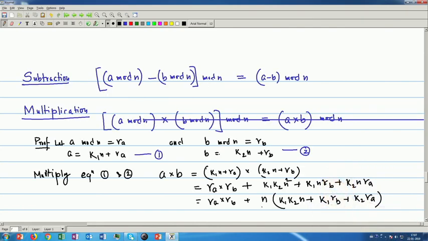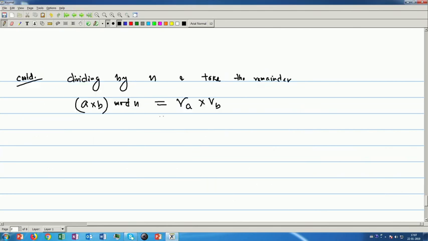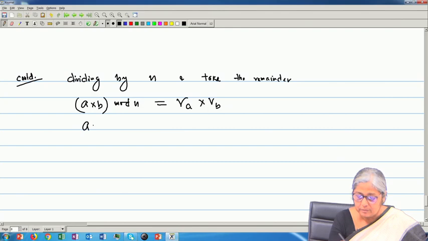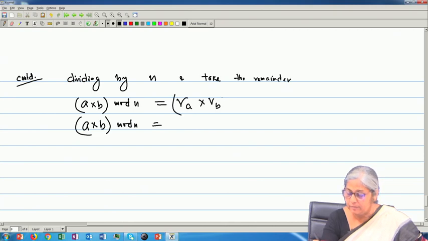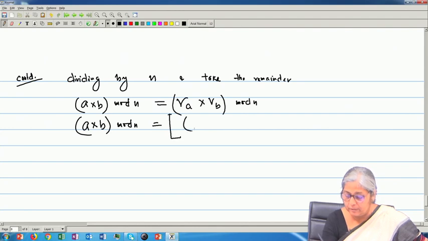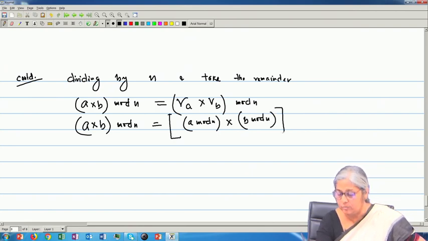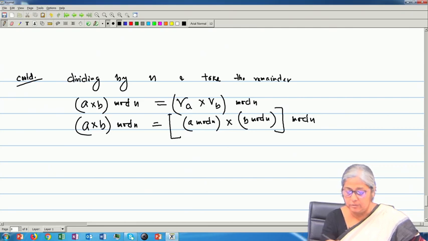When dividing by n, this part will give 0 remainder. So, A cross B modulo n is R_A R_B modulo n, then this will be A mod n into B mod n, into mod n. So, it is proved.